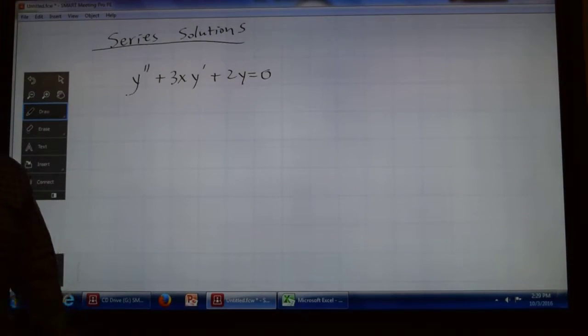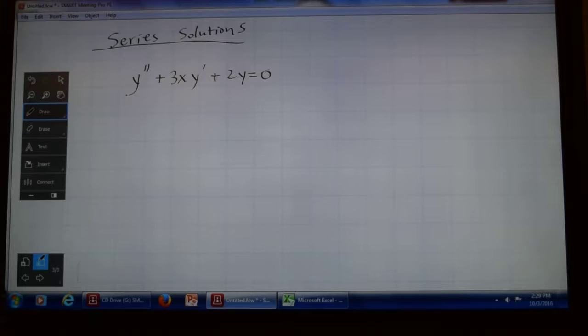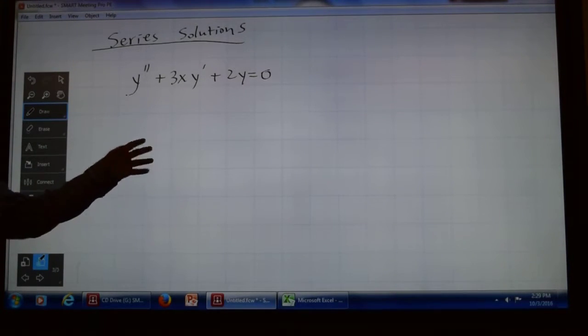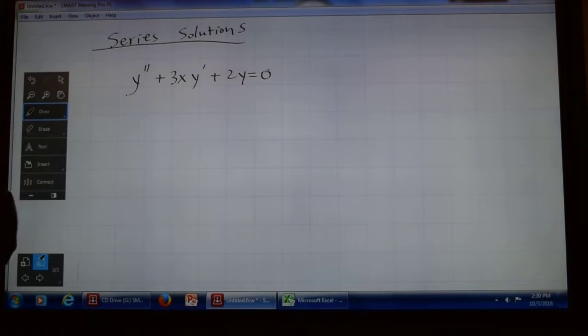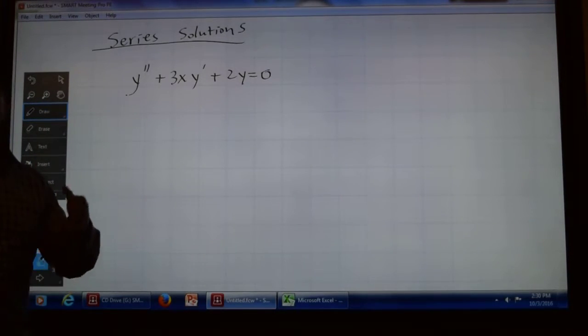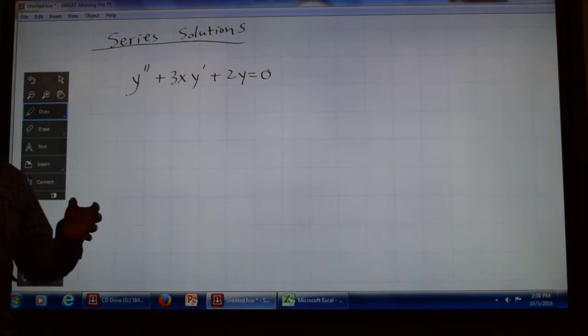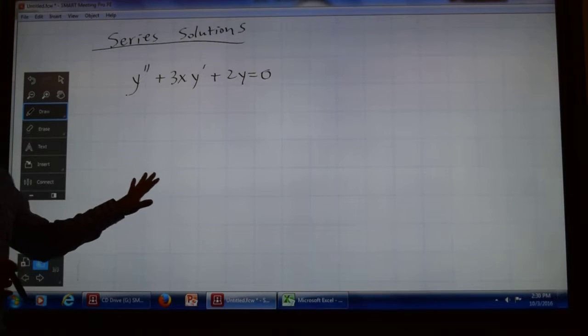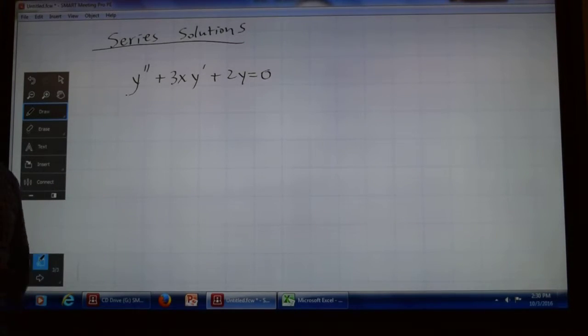Well, one way to deal with it will be to study the theory of Airy functions, and there are other functions that appear in this form. There's something called Bessel functions, hypergeometric functions. You have all these special functions that you can learn about, and then you can study their characteristics.